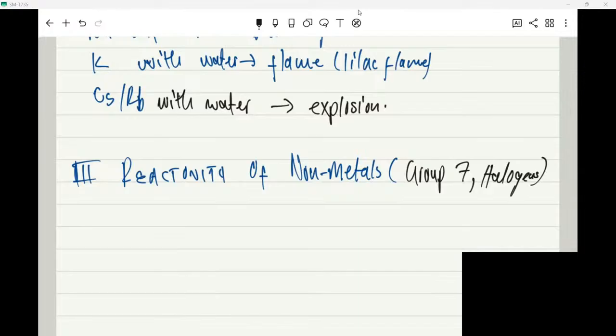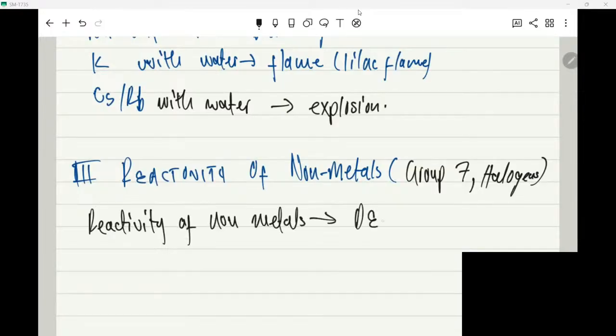So when you are writing here, you say reactivity of non-metals decreases down the group. Remember, when you talk about how reactive something is, you're saying how violent is the process or how fast is the process.